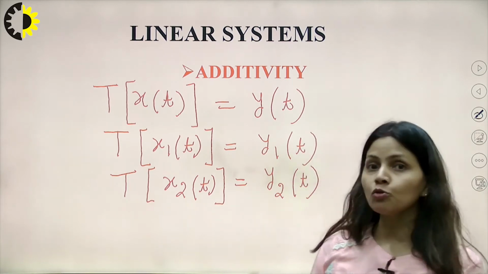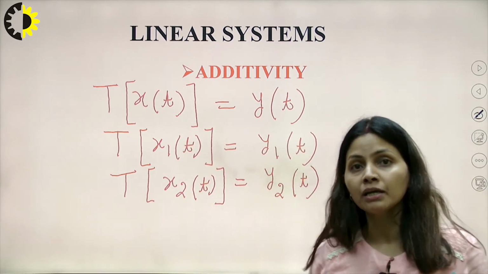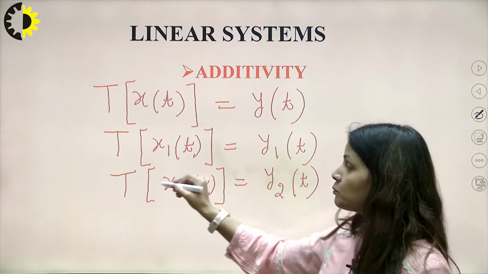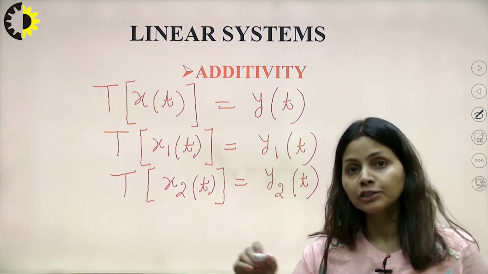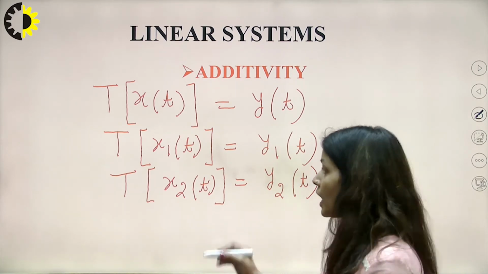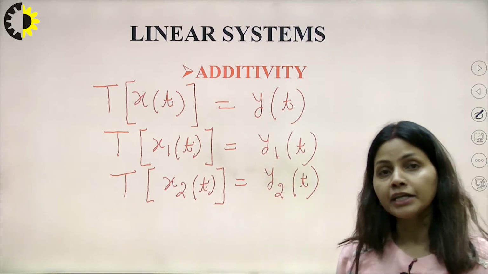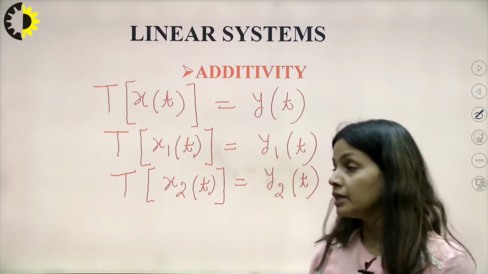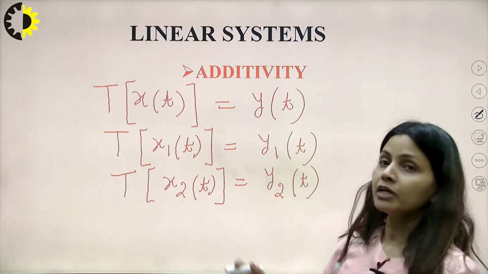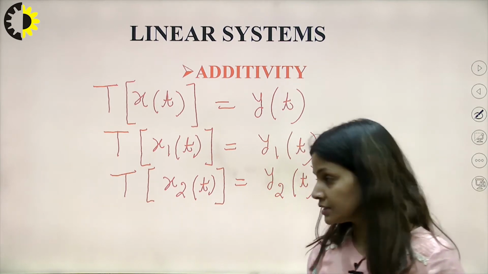That means there are two outputs. The y1(t) output corresponds to the input x1(t) and y2(t) corresponds to the input x2(t). If the addition of these two inputs yields the addition of y1(t) and y2(t), then we say that the system is a linear system.